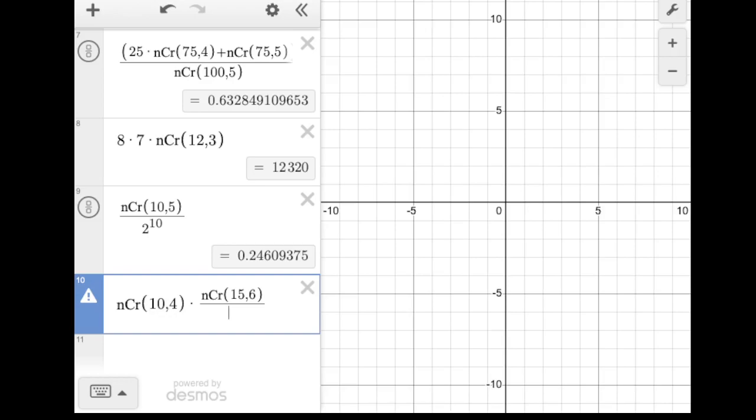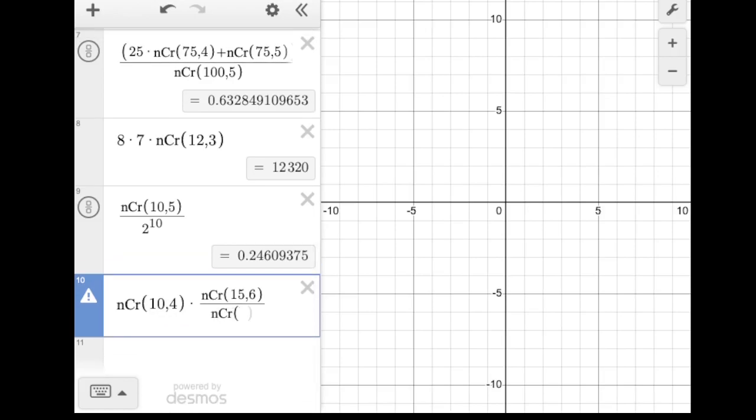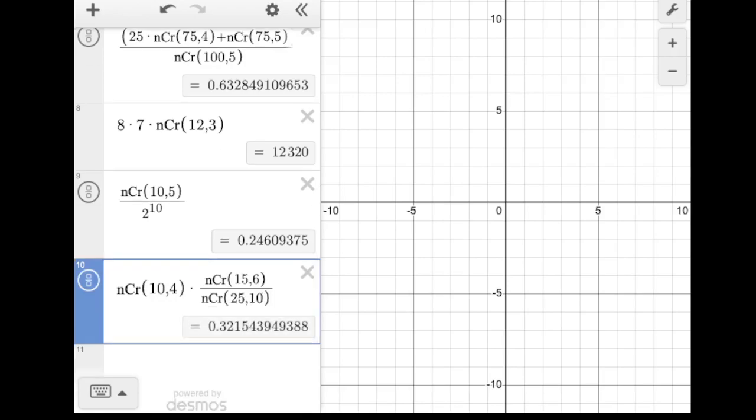When I have multiplication, I don't need the line going all the way. If it makes you feel uncomfortable, you're welcome to put parentheses around the top one. And okay, so here I end up with 0.32. Good.